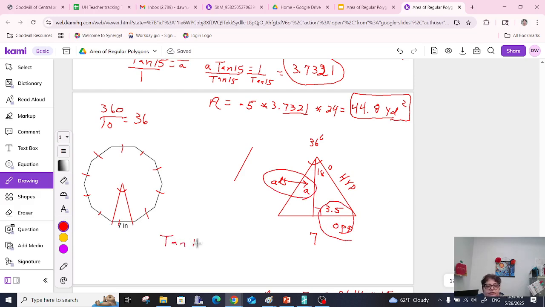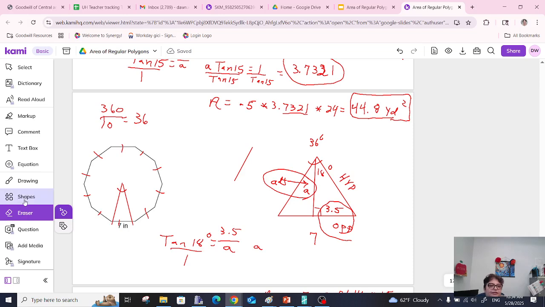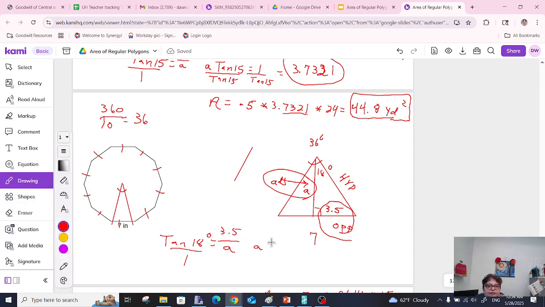So tangent of 18 degrees has to equal 3.5 over the apothem. I cross multiply. Oh, sorry, I jumped a step here. Apothem times tangent 18 is equal to 3.5. So I divide by tangent 18.